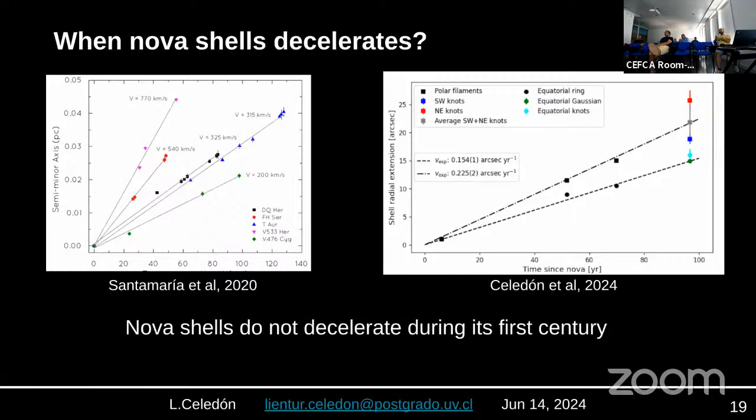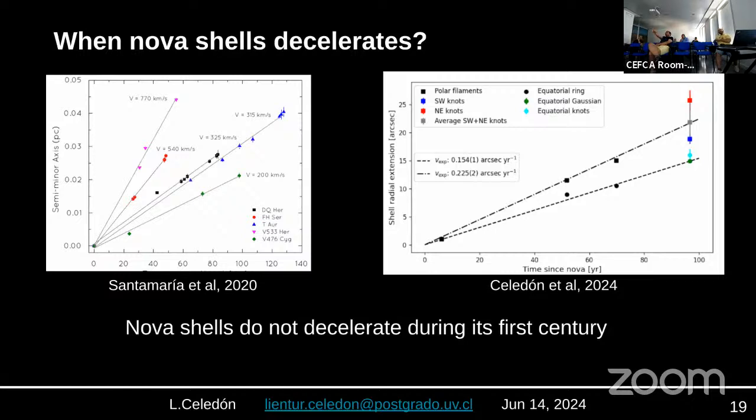It's believed that, in other regular novae, the continuous ejections clear the material, creating a vacuum. So it's expected that the density around the system will be lower than in the normal ISM. Again, this could be an explanation for why they could continue expanding without signs of deceleration at this time.